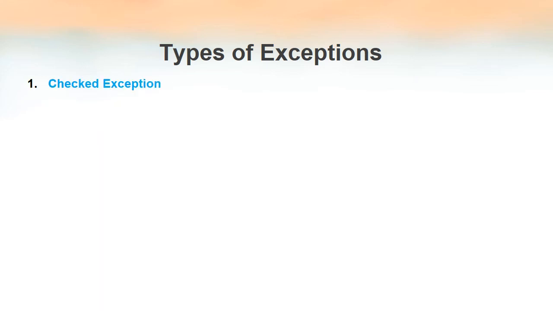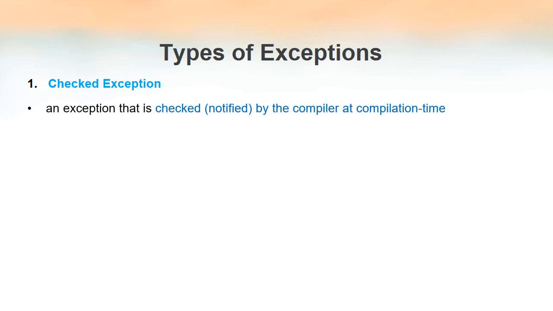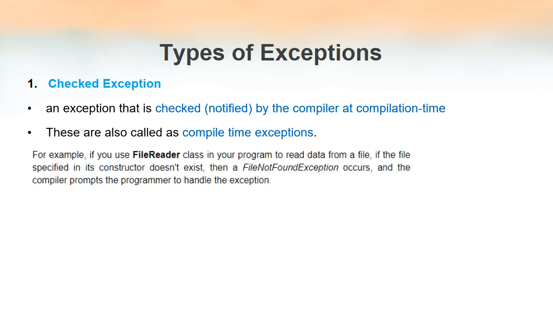First of all, we will see what a checked exception is. Checked exceptions are those exceptions that are notified by the compiler at compile time. Therefore, these are also known as compile time exceptions. An example: suppose we are trying to read a file and we have written some lines of code for opening a file, and when we compile it, the file that we are trying to open does not exist.